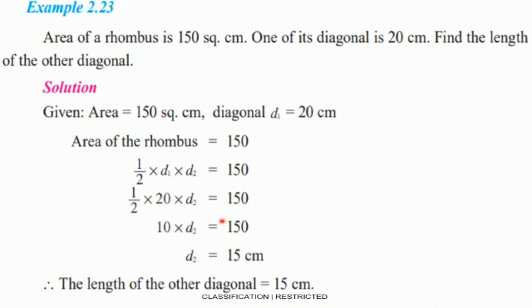Half into 20 into D2 equals 150. 2 and 20 you cancel, you get 10. 10 into D2 equals 150. D2 equals, that is, the multiplication goes to the right hand side, it will come as divide. So 150 by 10 equals 15 centimeter. Therefore the length of the other diagonal equals 15 centimeter.